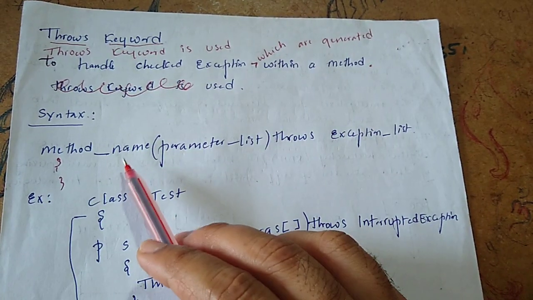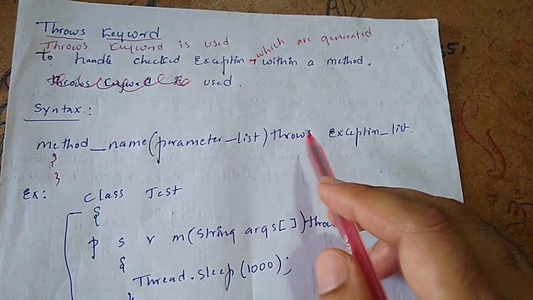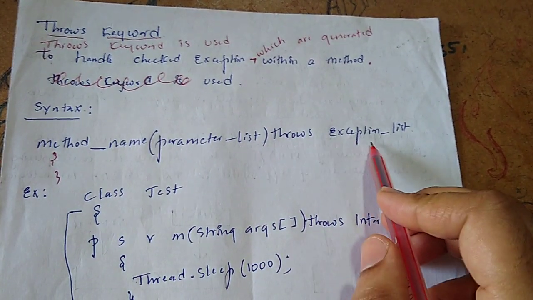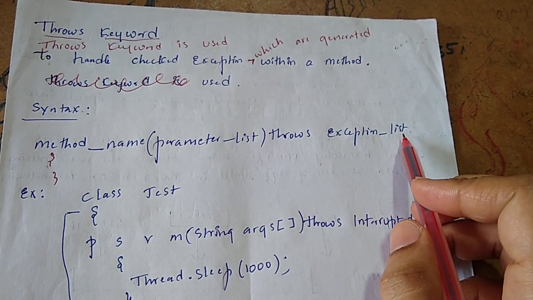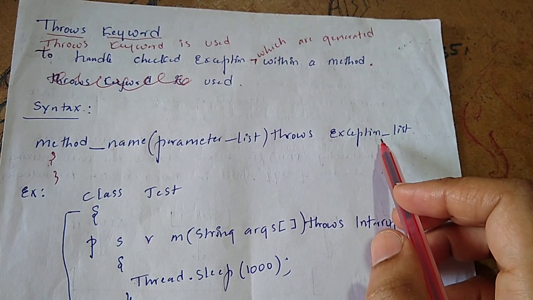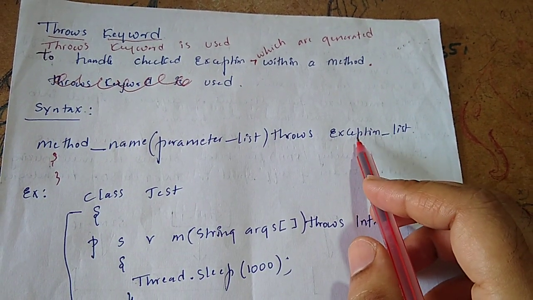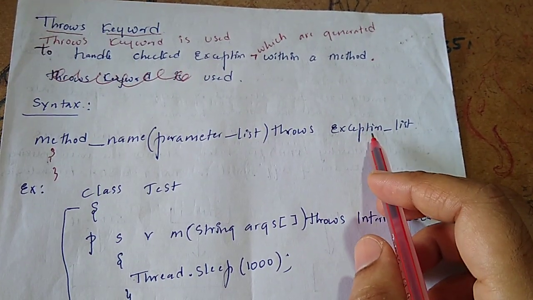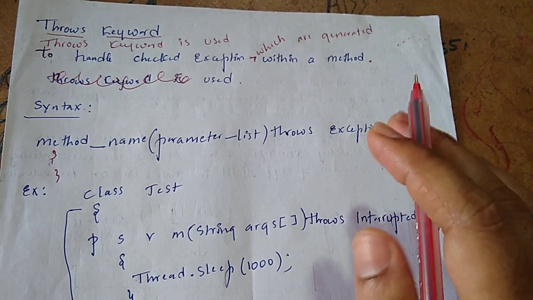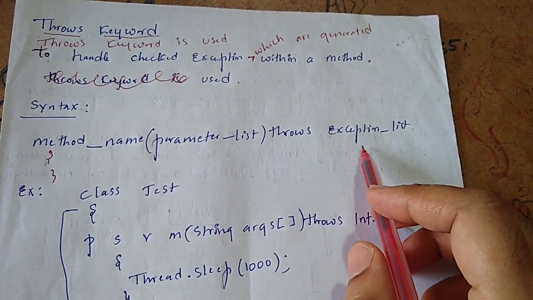The syntax is: method name, parameter list, then the throws keyword, then the exception list. Any number of checked exceptions can be listed here. It can even handle unchecked exceptions, but we use throws mainly for checked exceptions. Unchecked exceptions we can deal with just the throw keyword.